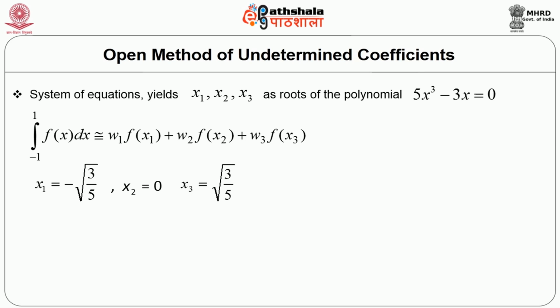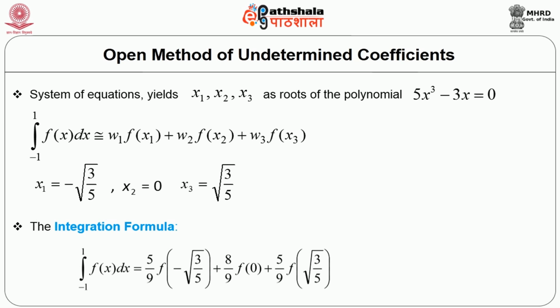Now, we solve these equations, and on solving them x1, x2, x3 come out to be the roots of the cubic equation 5x cube minus 3x equal to 0. So, these three abscissas x1, x2, x3 in the formula integral from minus 1 to 1 of f(x) dx equal to w1 f(x1) plus w2 f(x2) plus w3 f(x3) come out to be minus root 3 by 5, 0 and root 3 by 5.